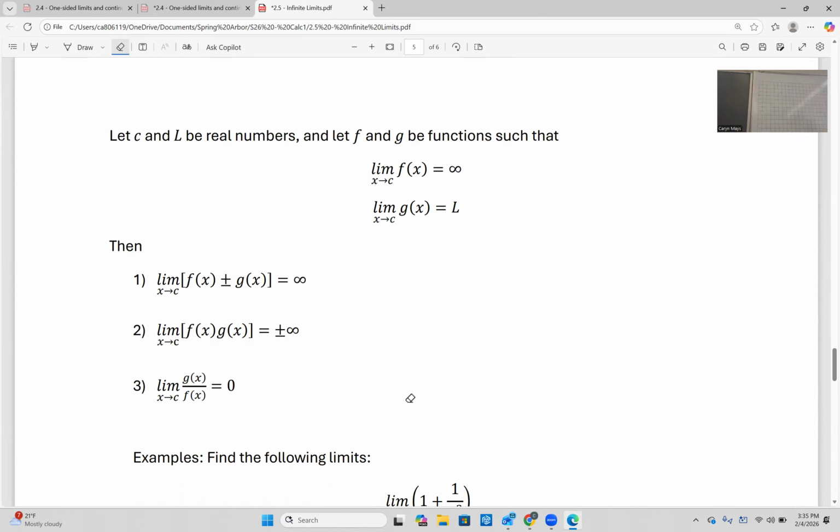What do you think the plus minus is for? What's going to determine plus or minus, I guess is what I mean. So which thing is going to be positive or negative? The finite number, the limit of g of x. This depends on if L is a positive or negative number.